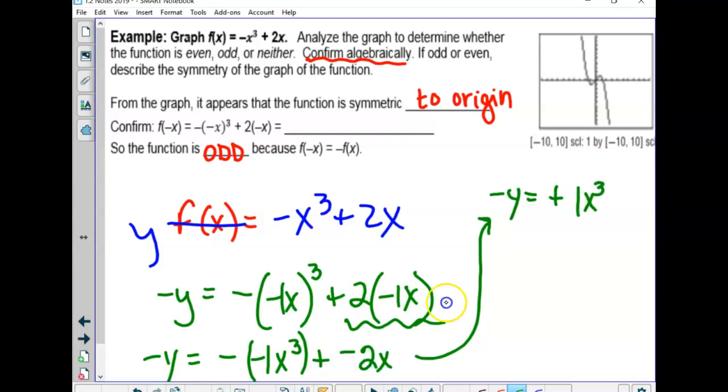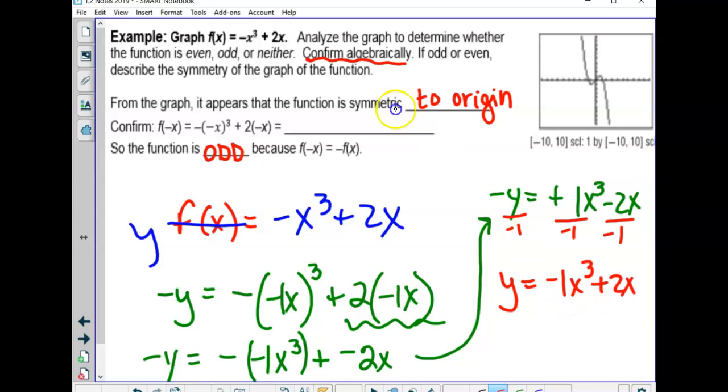And back here, plus and minus 2x would be a negative 2x, or minus 2x. Now, how could I get that back to y that I started with? Yeah, divide everything by negative 1. And I'd get y equals negative 1x cubed plus 2x. Is that what we started with way up here? So this confirms it, okay?